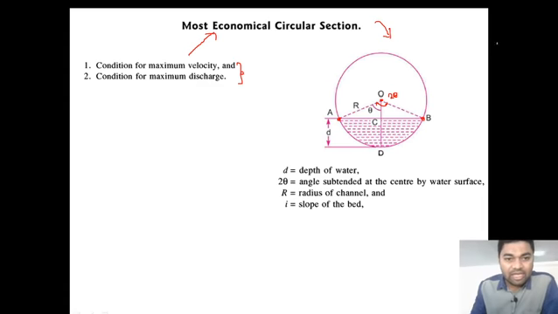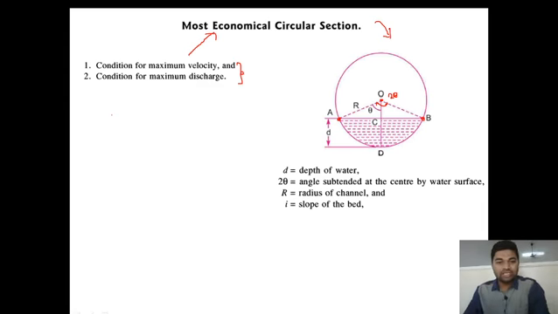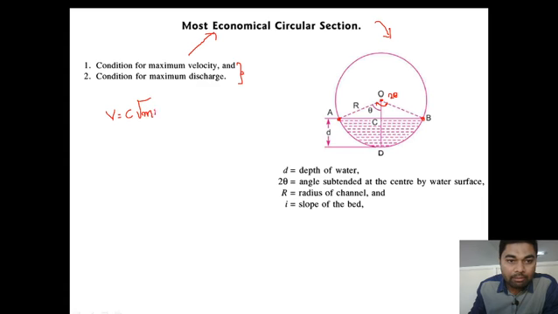The velocity according to Chezy's formula is given as V is equal to C under root m I, where V is velocity, C is Chezy's constant, m is the hydraulic depth and I is the slope of the bed.